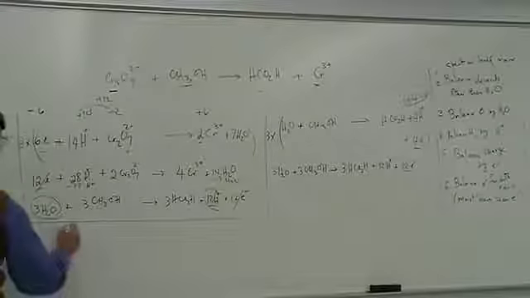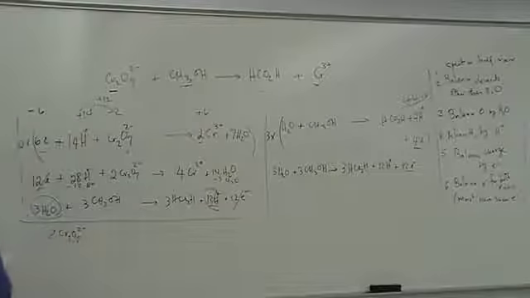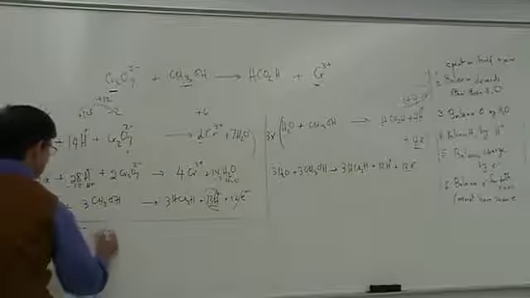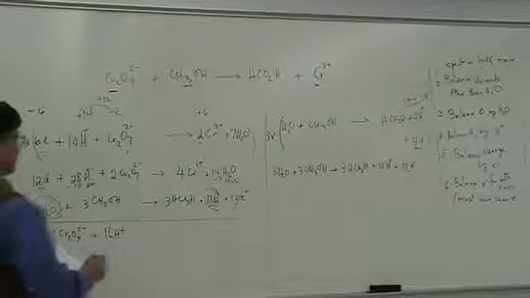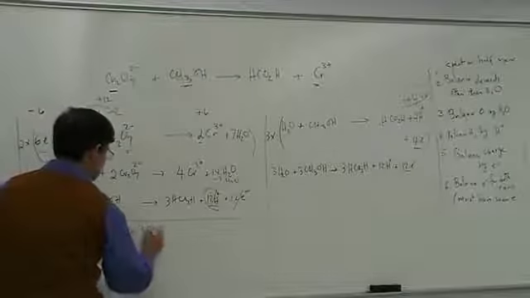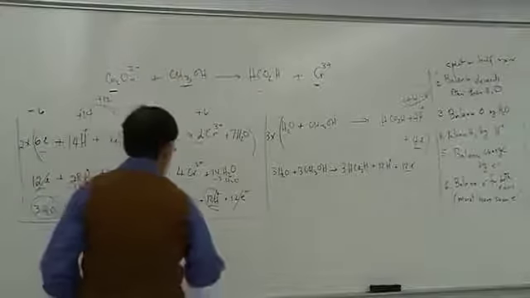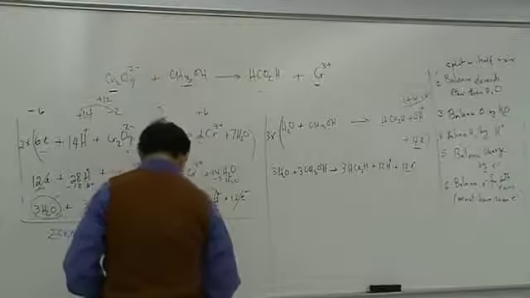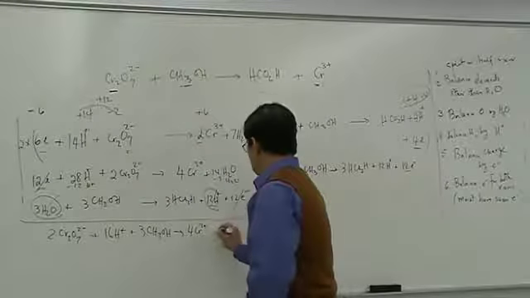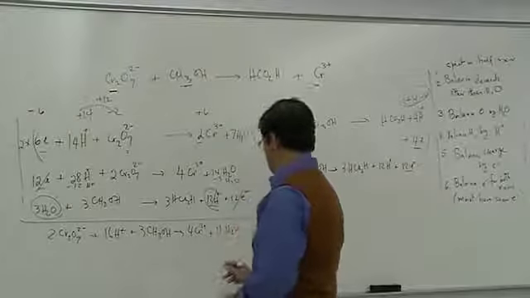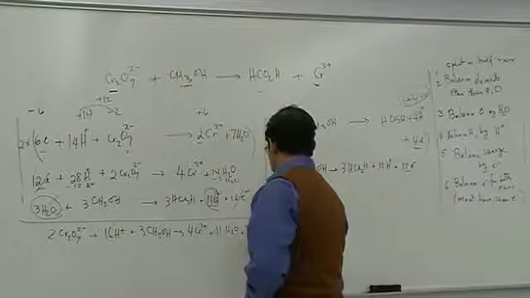So now let's write down what is left. 2Cr2O7 2 minus, plus 16H plus, because 28 minus 12 is 16H plus, plus 3CH3OH, giving 4Cr3 plus, 11, this is 14 minus 3, 11H2O, and 3HCO2H.